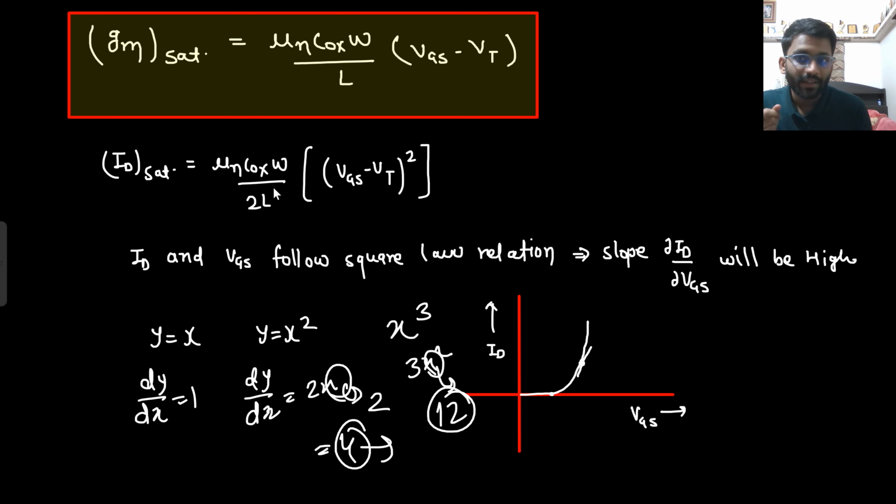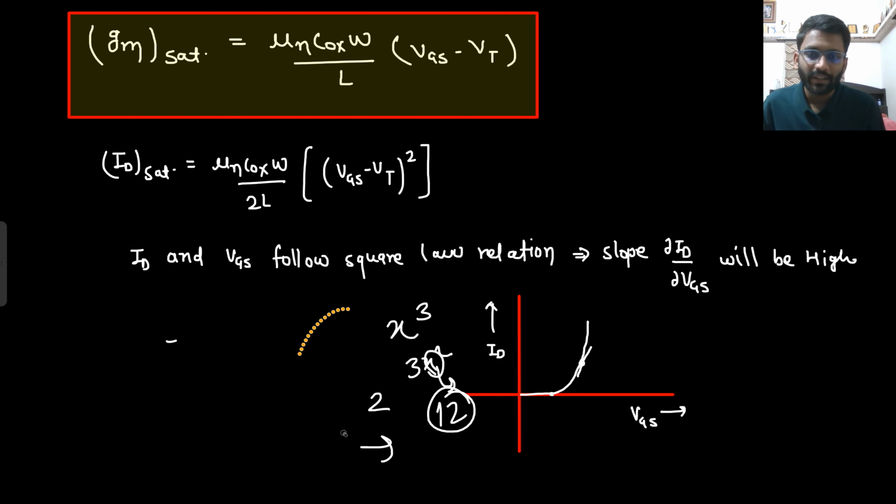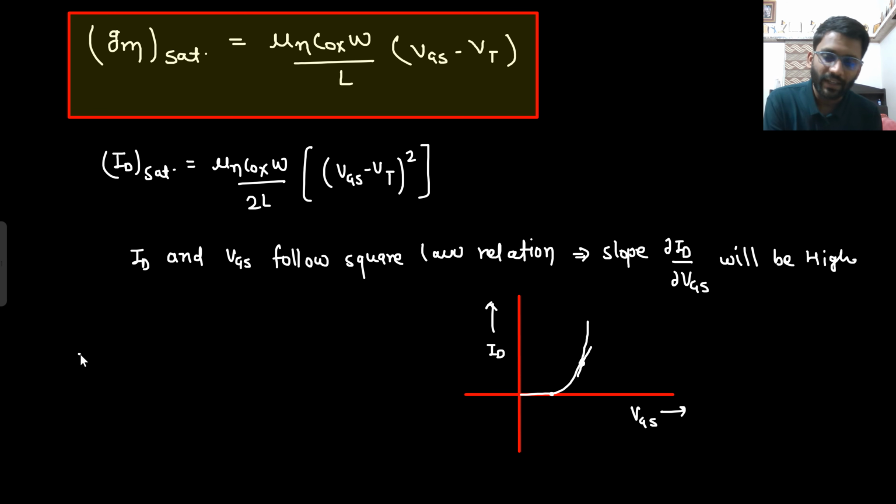So in case of saturation region, the relation between ID and VGS is square law. But in case of triode region, what is ID? Some Kn, then VGS minus VT into VDS minus VDS square by 2.